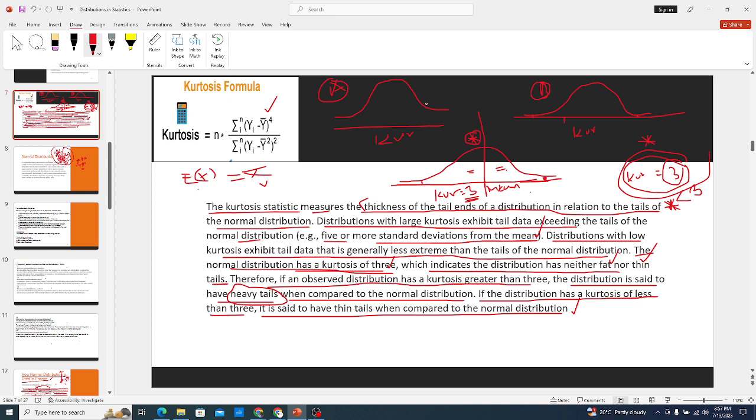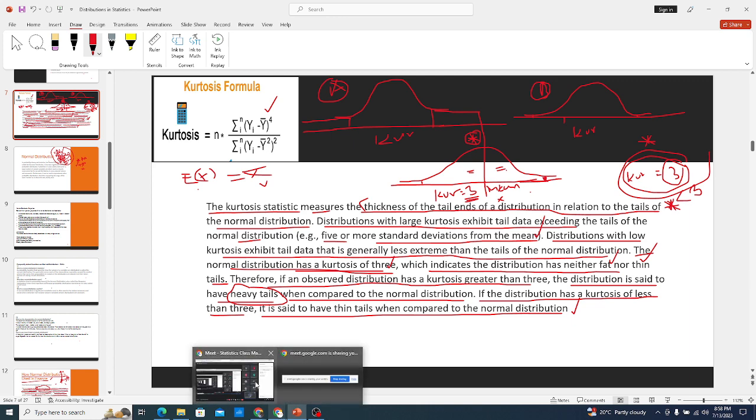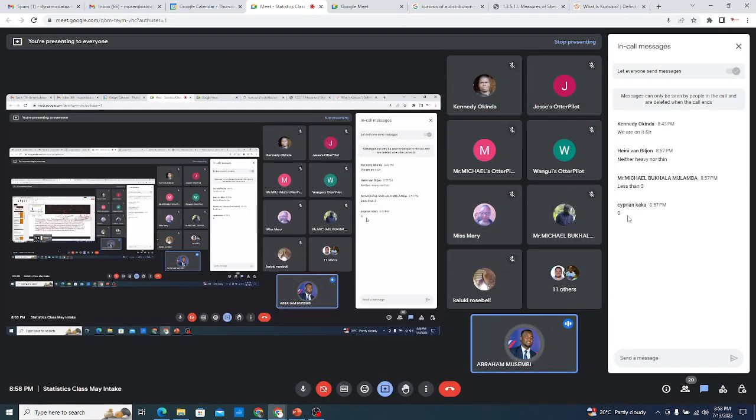In this B, you can see the tails are thicker than that of a perfect normal distribution. What does that mean? Yes, Michael, you got it.